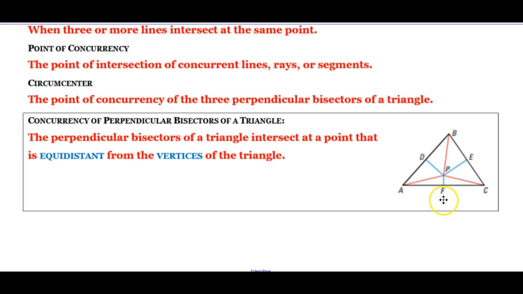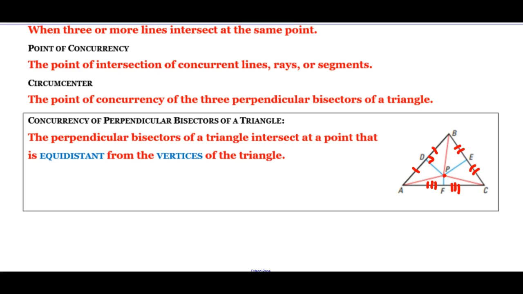So take a look at this picture. All of the little blue lines that you see, FP, DP, and EP, those are the perpendicular bisectors of those sides. So they bisect the side of the triangle, and they are also perpendicular to the side of the triangle. And P is our circumcenter.